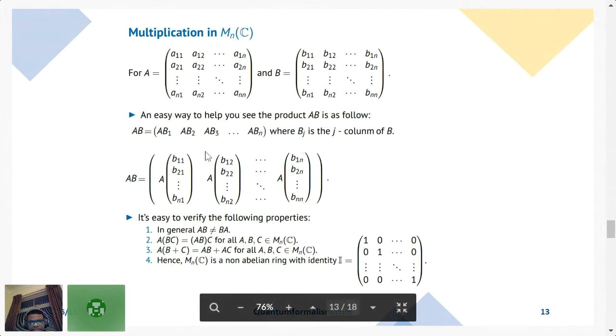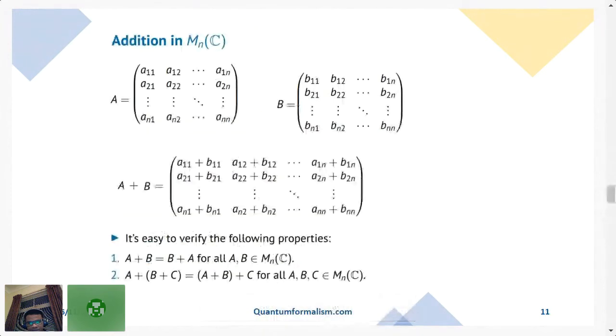Okay, so you take the columns of this. The resulting product matrix is obviously also n by n, and you do it like this. You take the column of the matrix B and view it as a vector. Then you apply the other matrix to it, pretty much in the same fashion as what you've done here.